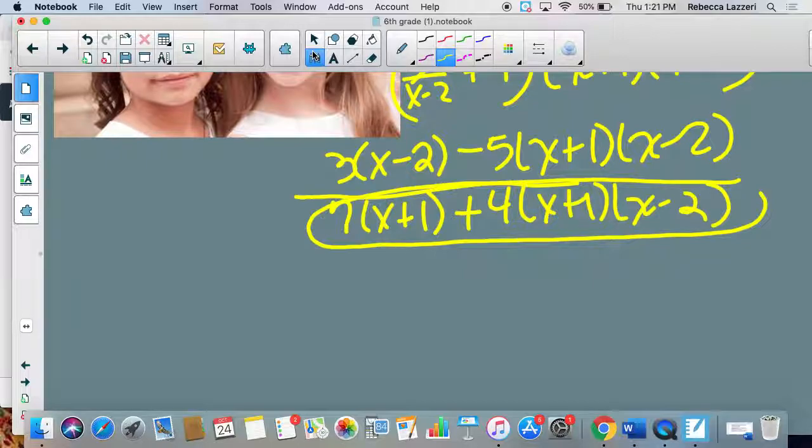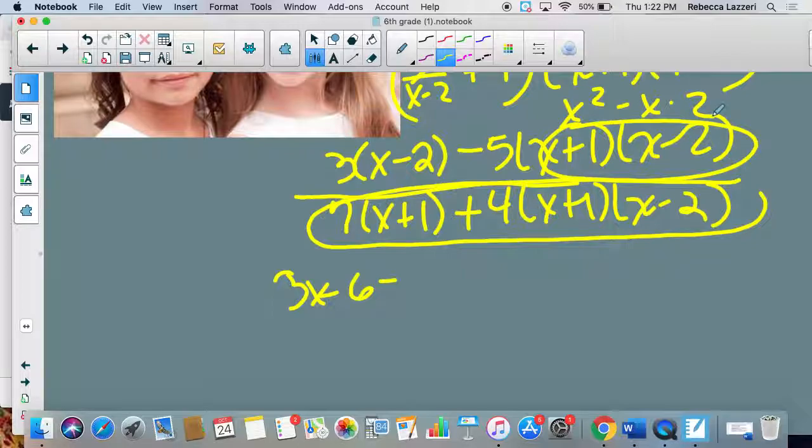Do y'all see what I mean? Short of making some careless algebra or arithmetic mistake, that's not difficult, okay? So that gives me 3x minus 6 minus, this is x squared, I'm doing this together, x squared minus x minus 2. So this is minus 5x squared plus 5x plus 10.